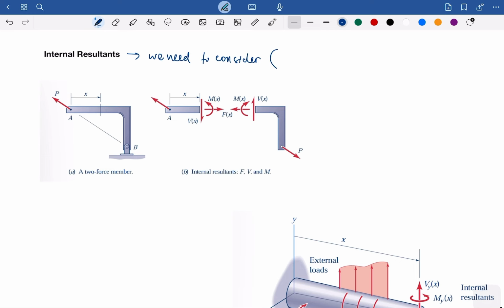So it means that this will be force and couples that are internal to the, let's say, body. Okay.